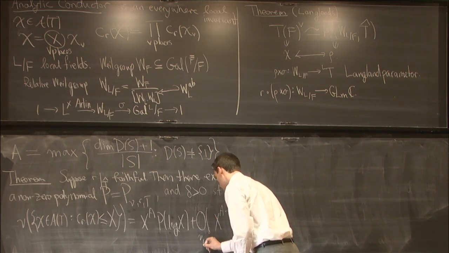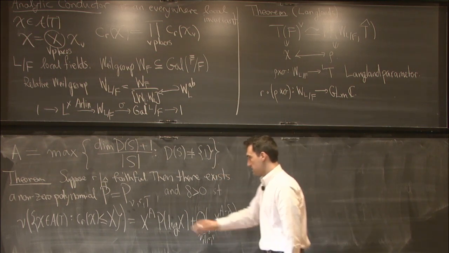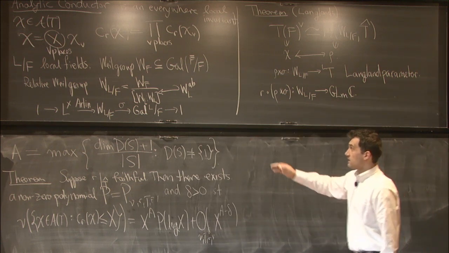So it depends on nu, T, R, the number field F. What is A? A is this number.